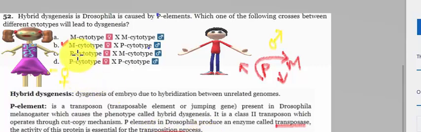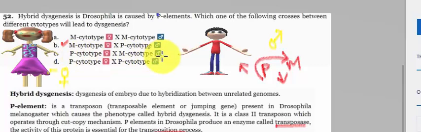So when the P cytotype is present in the female and it is crossed with the M cytotype male, the P strain female contains a high amount of repressor protein, which prevents the transcription of the transposase gene. As a result, hybrid dysgenesis does not occur in a cross with a P strain female and M strain male.